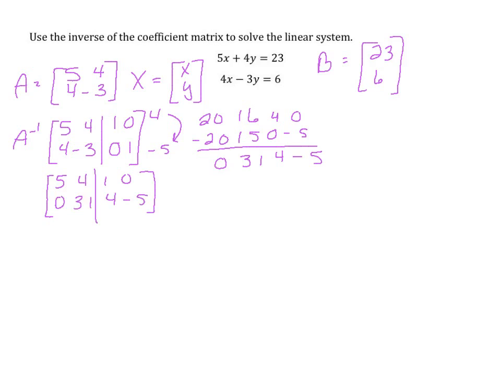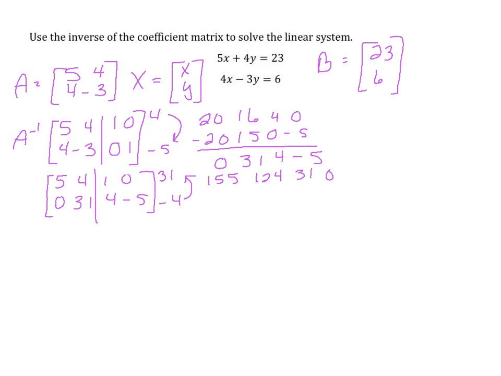So now I need to get 4 replaced to 0. So I'm going to need to multiply my bottom row by negative 4 and my top by 31. So we're going to get some big numbers here, which is okay. So 5 times 31 gives us 155. 31 and 4 gives us 124. 31 and 0.